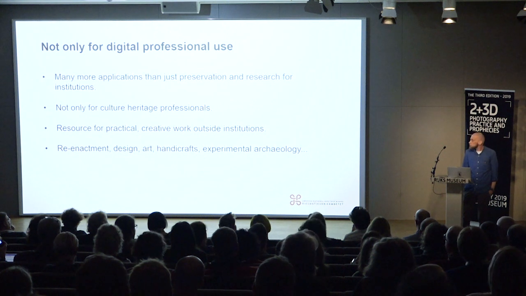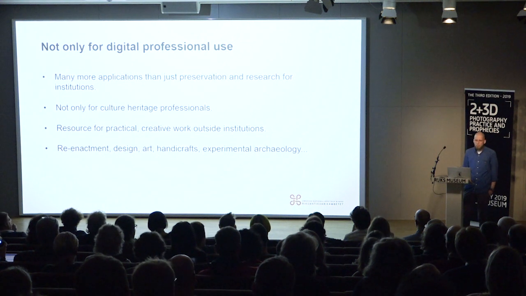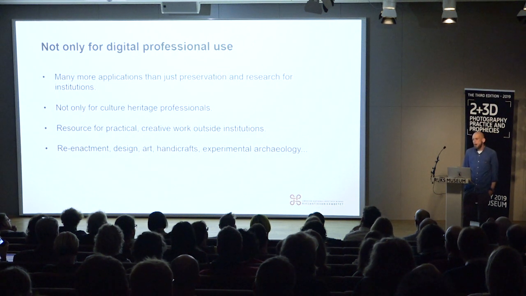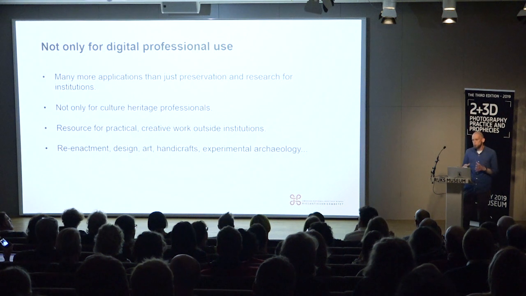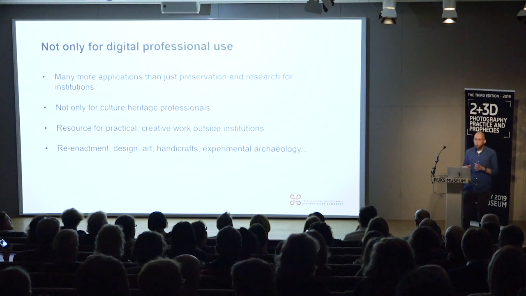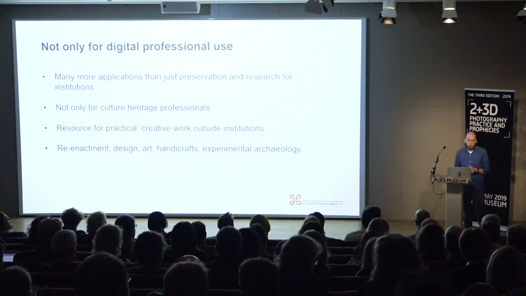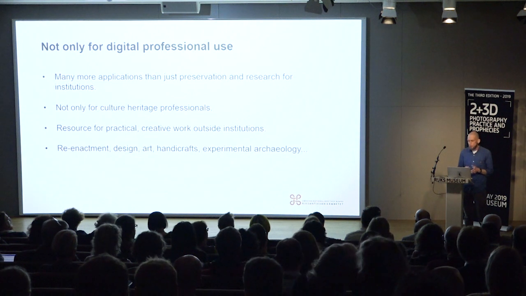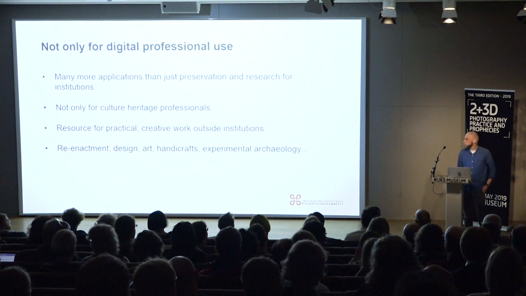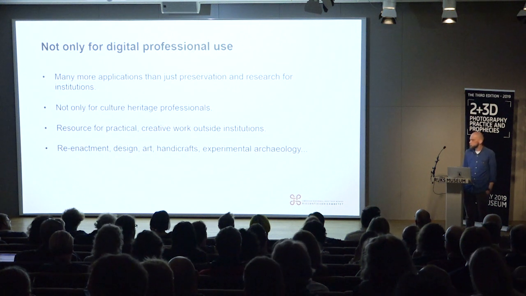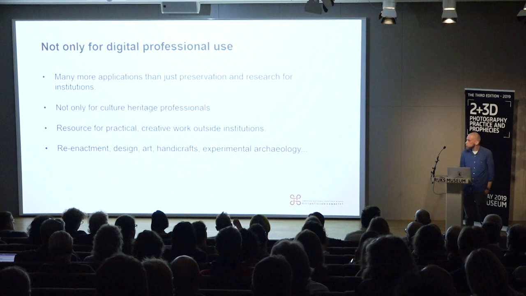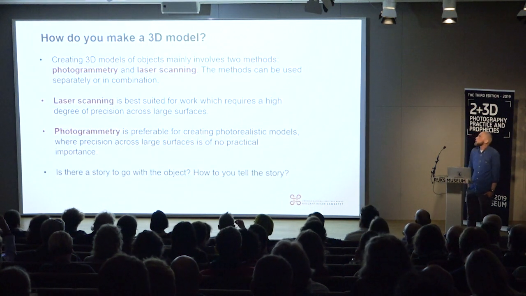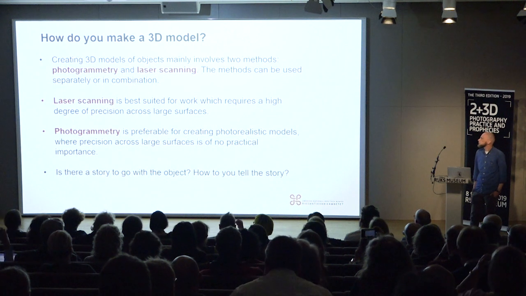So I can go to Sketchfab, search for Viking belt buckles, download a nice specimen, print it in plastic, and then use it for casting in bronze or other metal, either through making a sand mold using the plastic as a template, or I can print it in wax and use the lost wax technique, or I can make a mold out of rubber, out of silicone rubber or plaster of Paris, and then use that one to cast wax originals to use in lost wax casting. So how do you make a 3D model from the beginning?